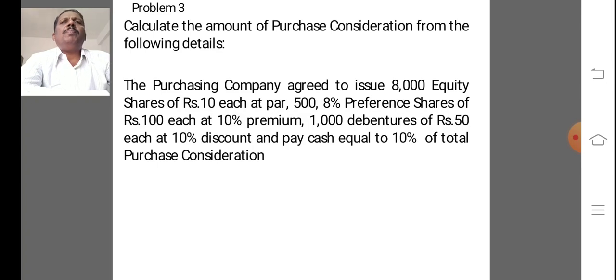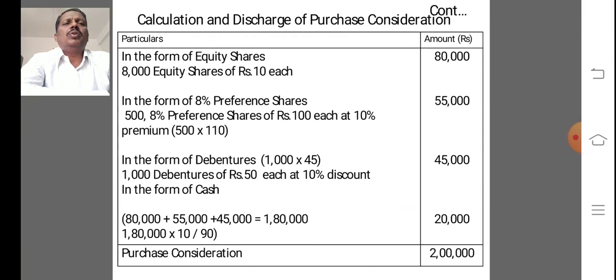So in this problem, payment of PC is in equity shares, preference shares, debentures and cash. So we have to work out the calculation on discharge of PC. First, in the form of equity shares, that is 8,000 equity shares of rupees 10 each, 80,000.